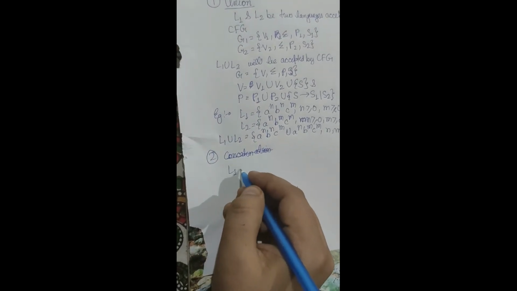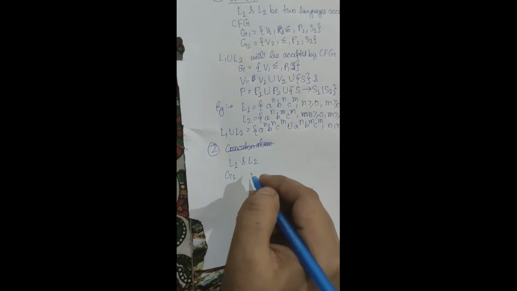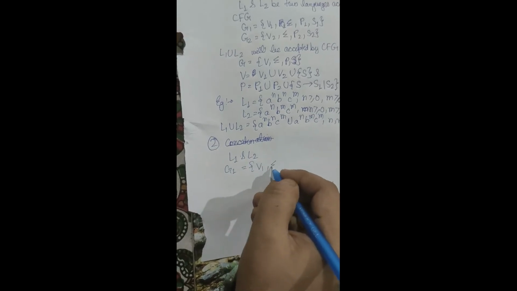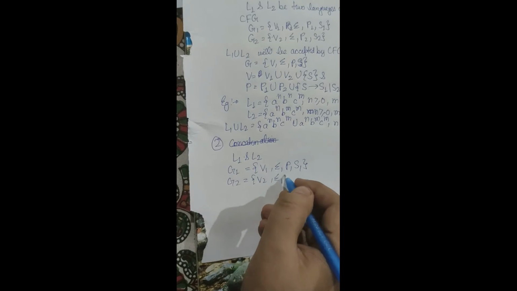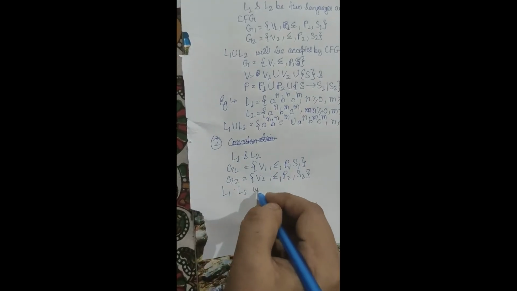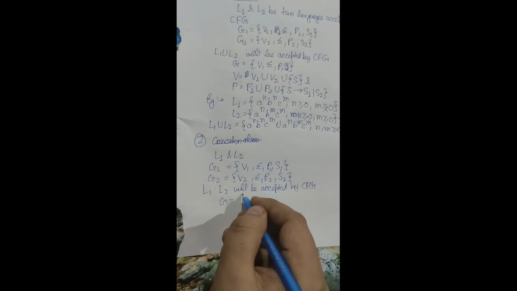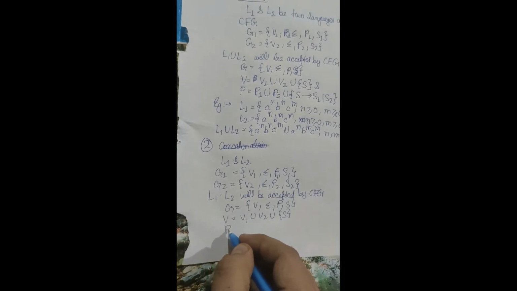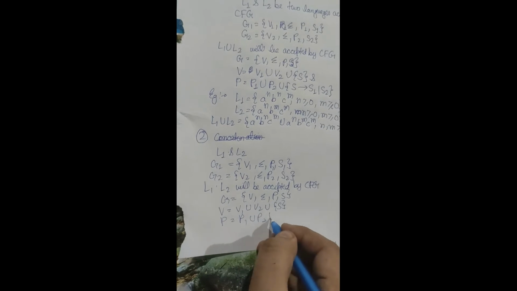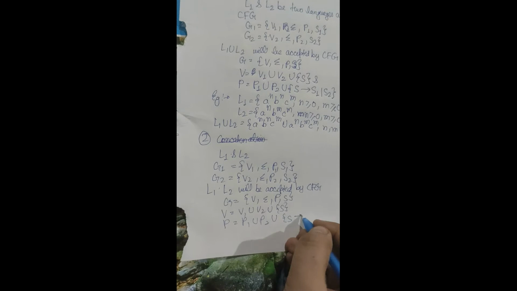Similarly for concatenation, if L1 and L2 are two languages accepted by context-free grammars G1 equal to V1, sigma, P1, S1 and G2 equal to V2, sigma, P2, S2, then L1 dot L2 will be accepted by a context-free grammar G equal to V, sigma, P, S, where V is V1 union V2 union S and P is P1 union P2 union S goes to S1 S2.